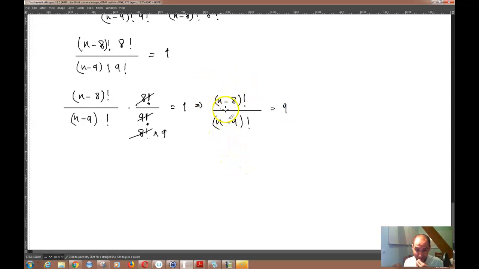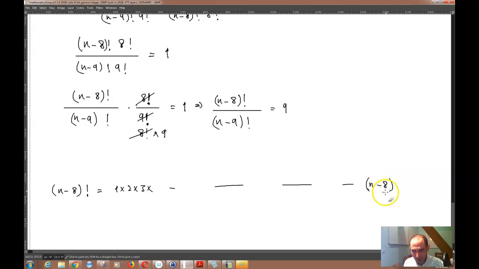Now, to simplify these two, n minus 8 factorial is the same thing as 1 times 2 times 3 times all the way up to n minus 8.